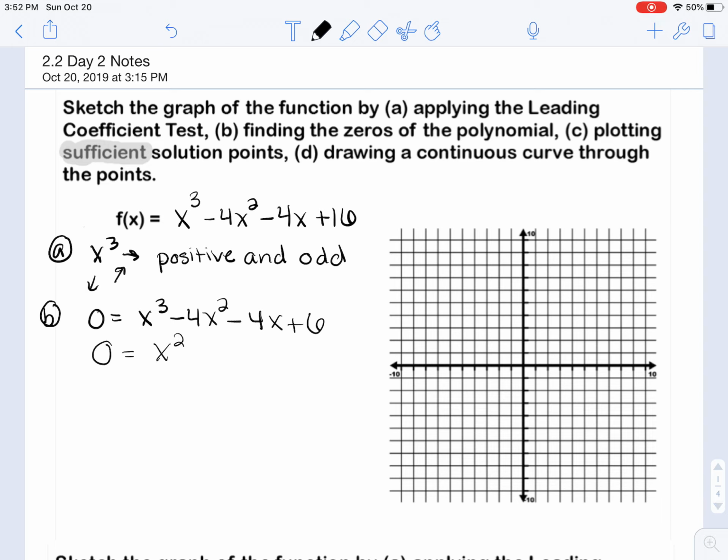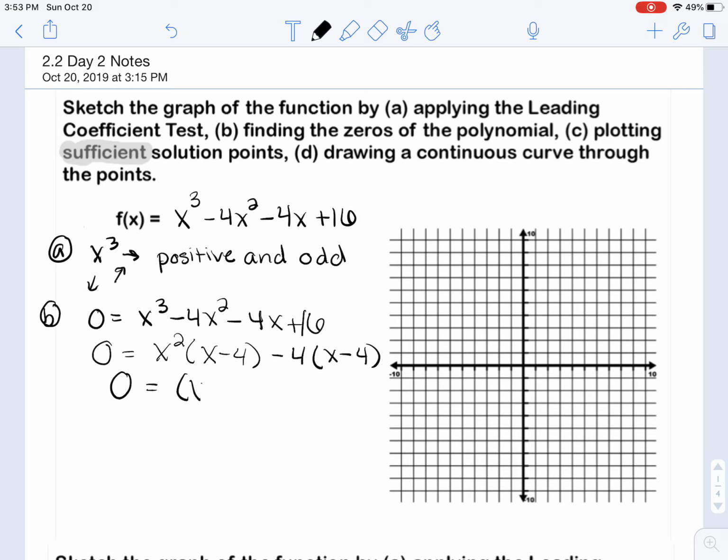So I'm going to take out an x squared from the first terms, so I'd be left with x minus 4. Out of the last terms, I'm going to take out a negative 4, so I would be left with x minus 4. And then rearrange this.